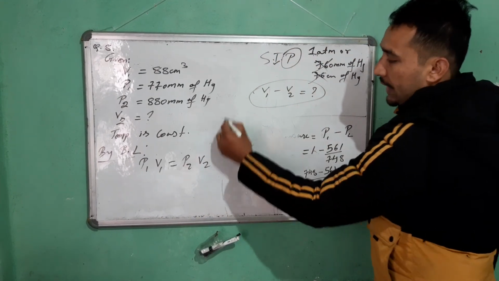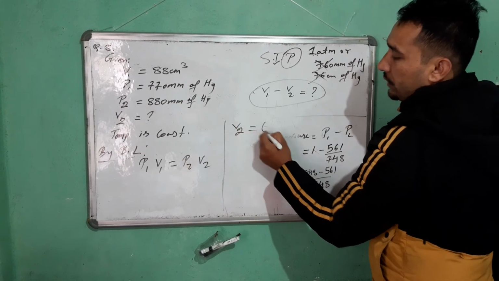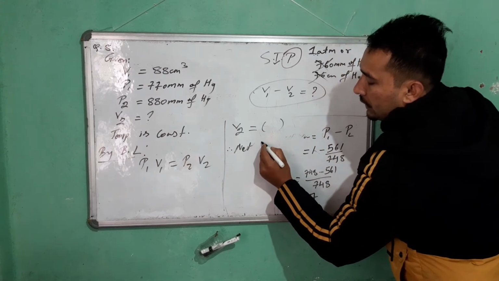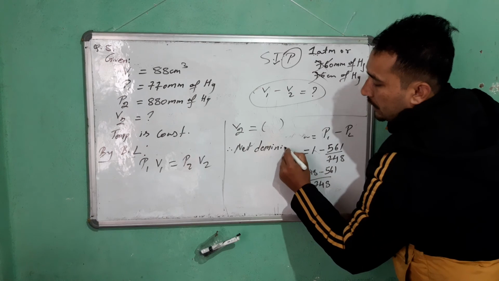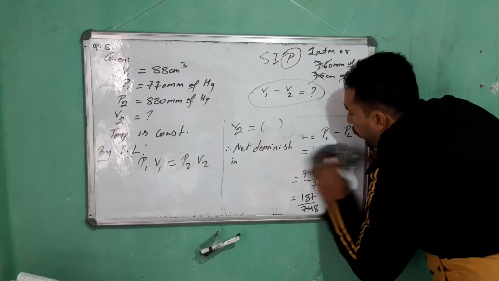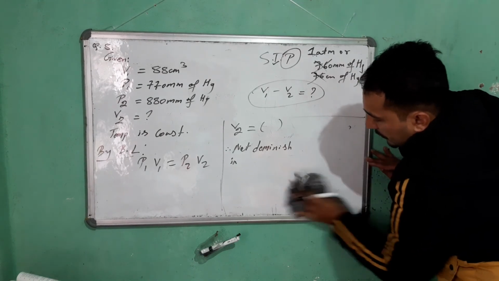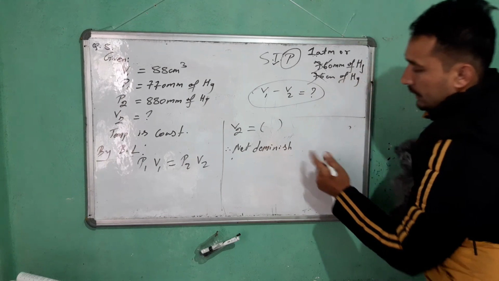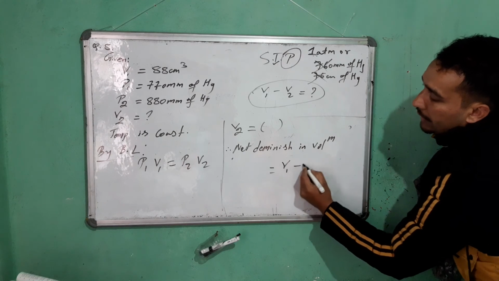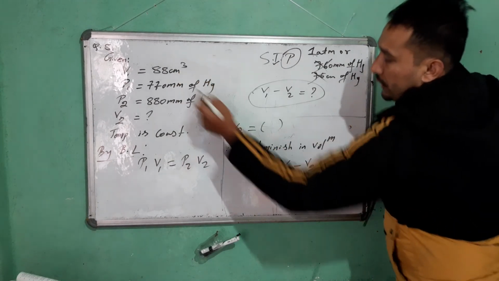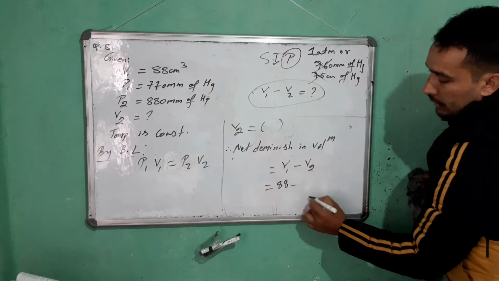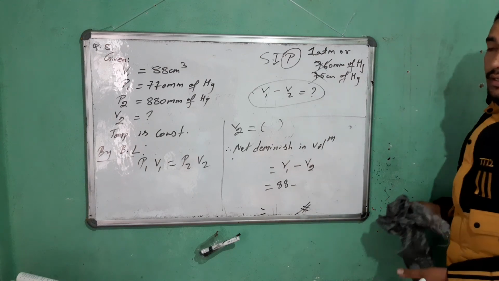Once you get the value of V2, you write: therefore, net diminish in volume is equals to V1 minus V2. V1, you put the value, this 88, minus V2, which you have calculated from this equation. Then you subtract it. That will be the final answer.